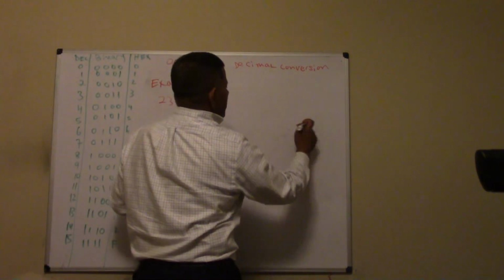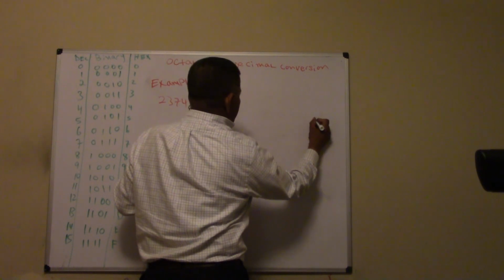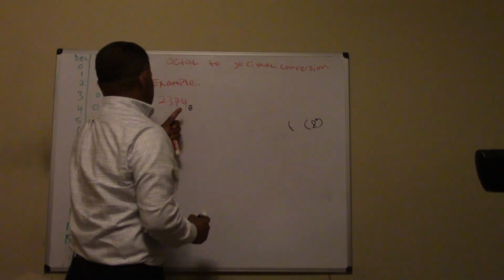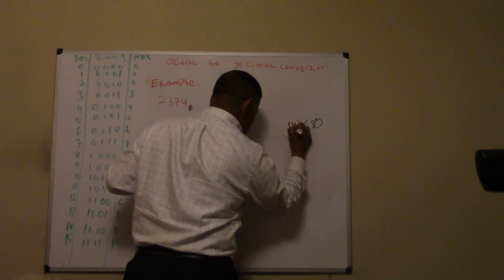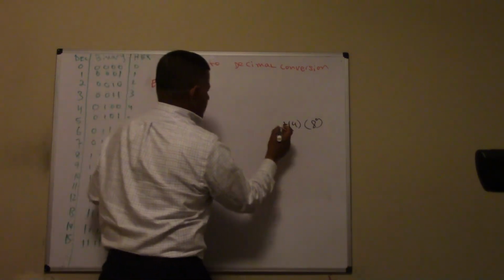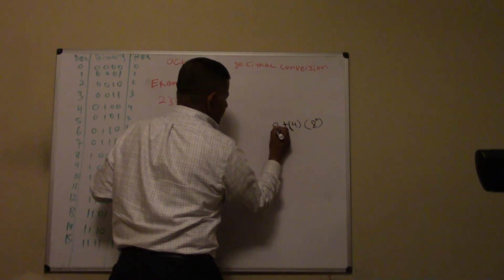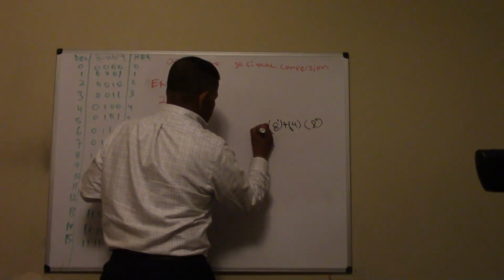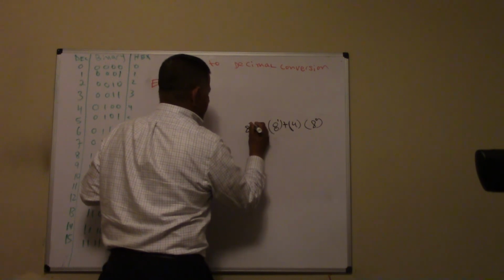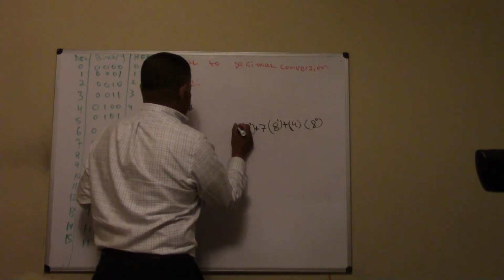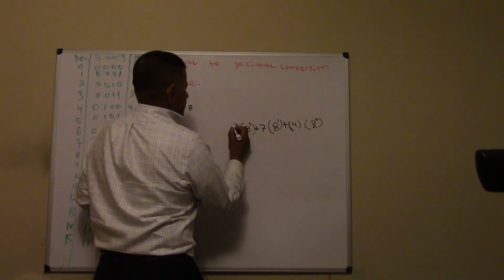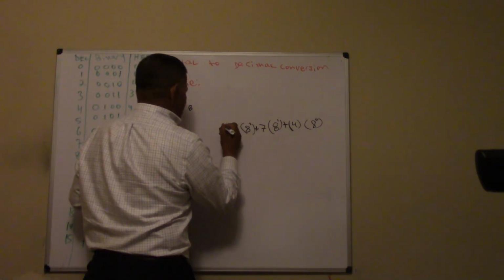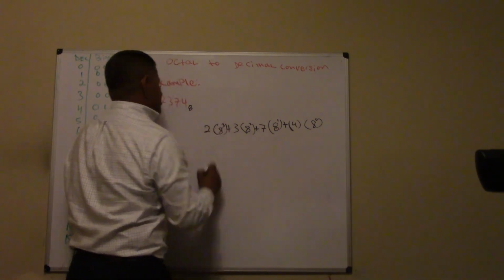So in this case, we do 8 to the 0 power times 4, plus 8 to the 1 power times 7, plus 8 to the second power times 3, plus 8 to the third power times 2.